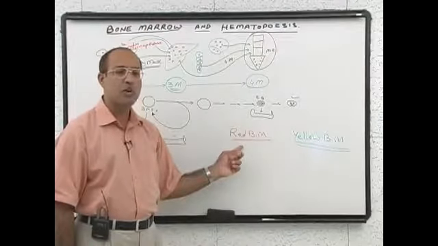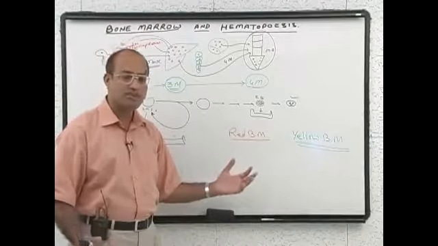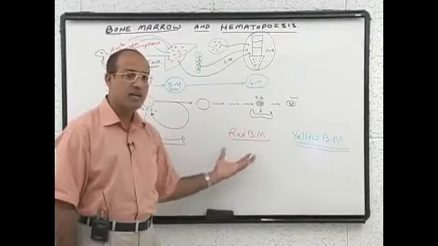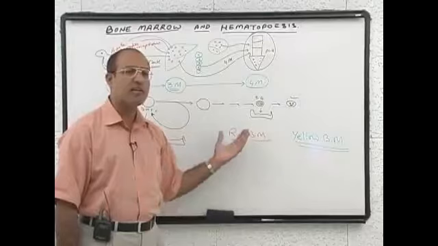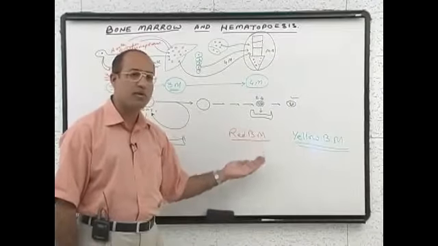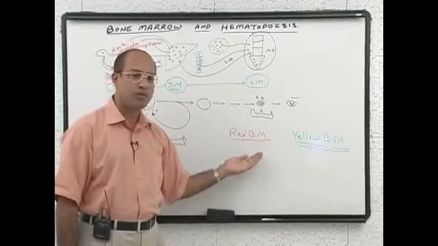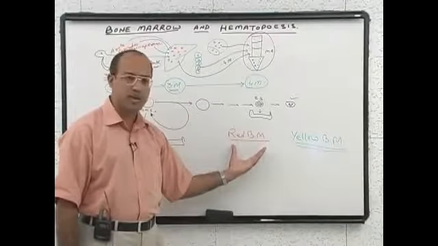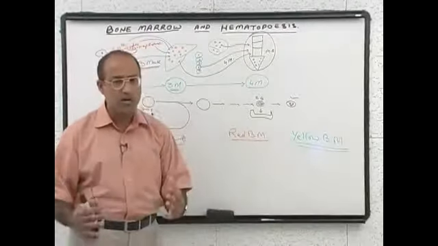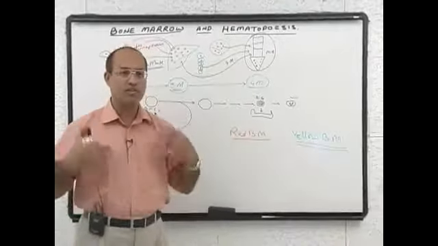That bone marrow has a lot of hematopoietic cells, stem cells, progenitor cells, and many cells passing through different developmental stages of formation of RBCs, WBCs, and platelets. So they make the bone marrow red. When a newborn baby is born, all the bone marrow is red.